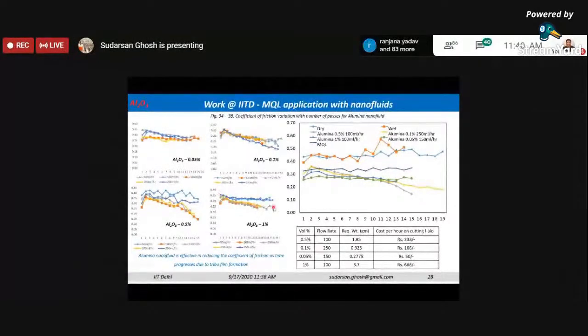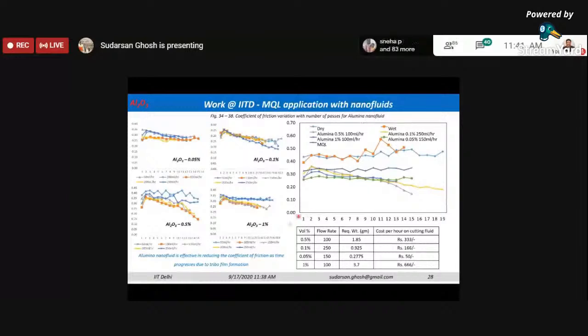So the longer you are grinding, the lower is the friction coefficient. We have to understand why this friction coefficient is coming down as we increase the grinding time. That we will understand a little bit later.